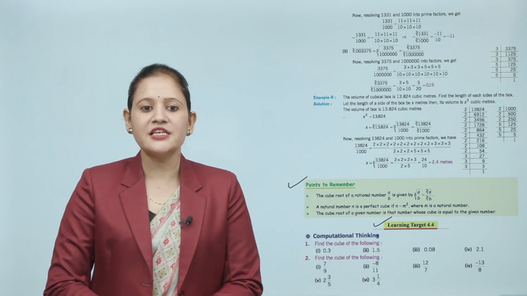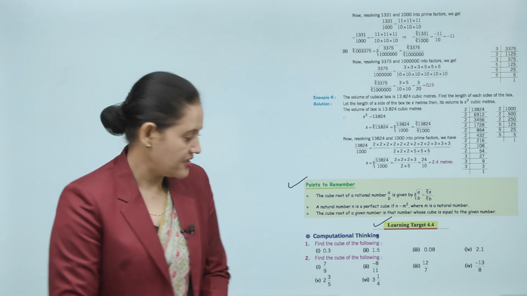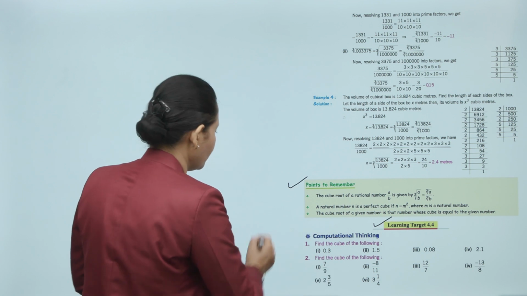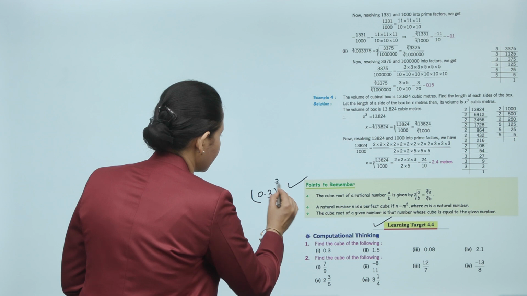First is computational thinking. Find the cube of 0.3. So we have to find 0.3 to the power 3.